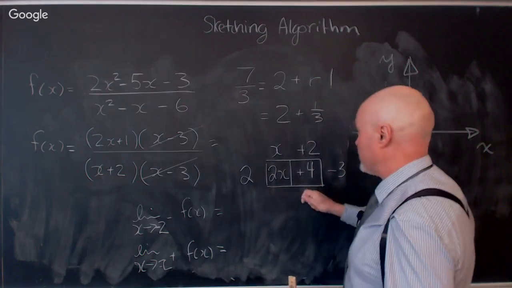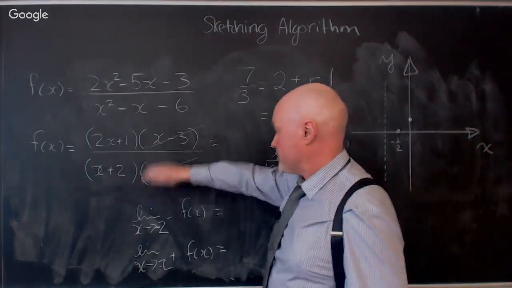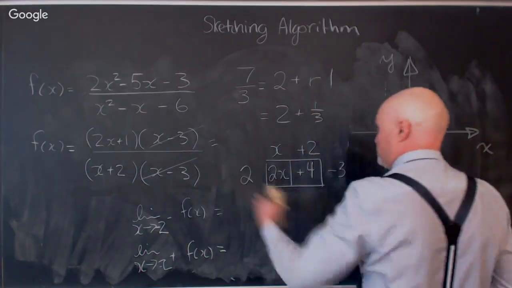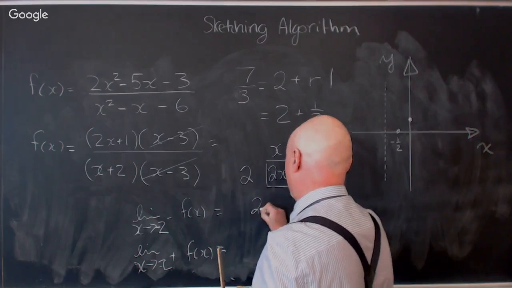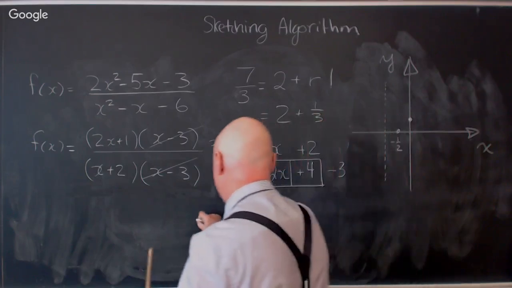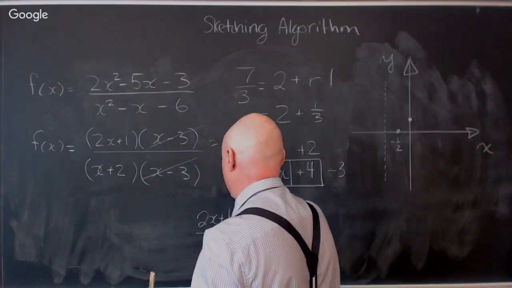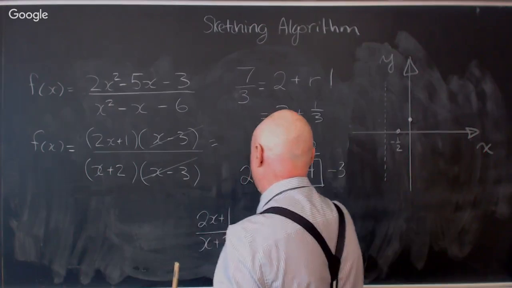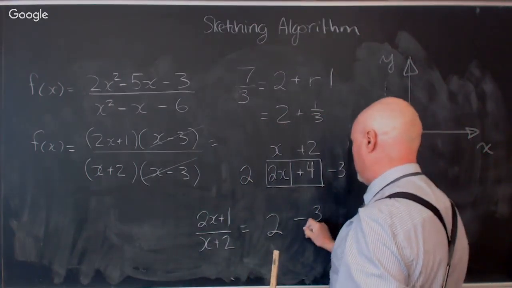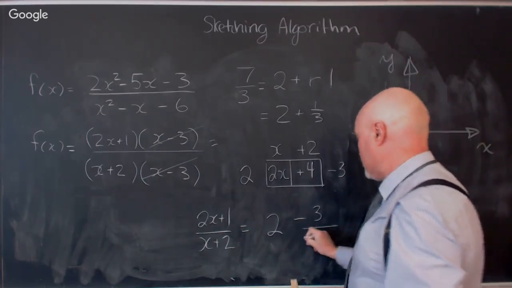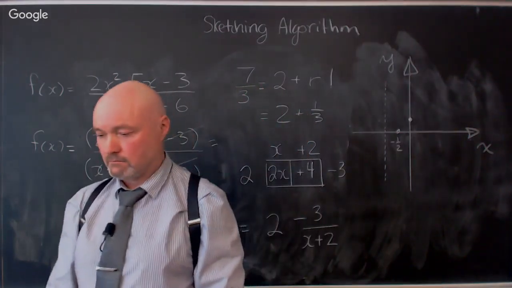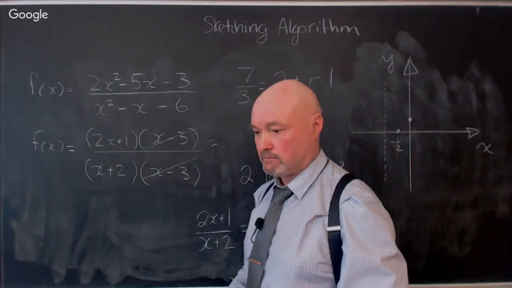But basically what we're saying is this expression, 2x plus 1 over x plus 2, is equal to 2 with the remainder of negative 3 that still needs to be divided by x plus 2. Okay.